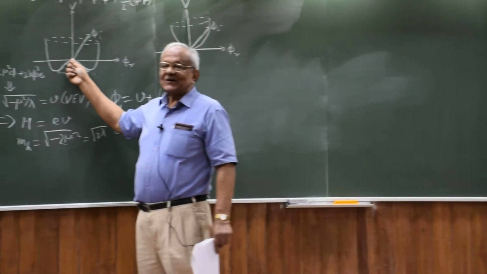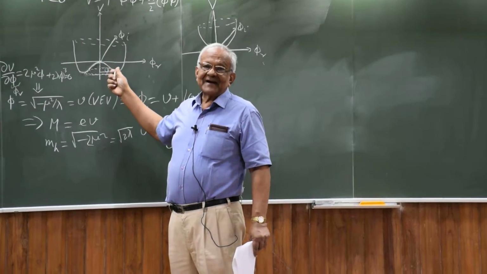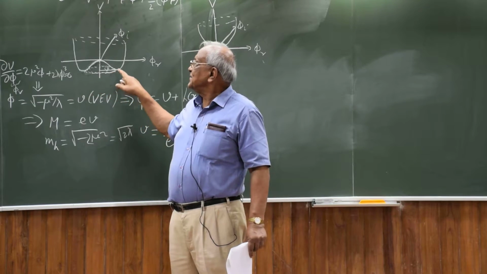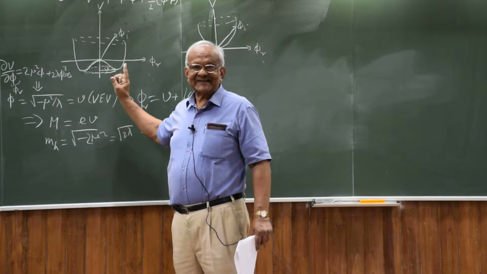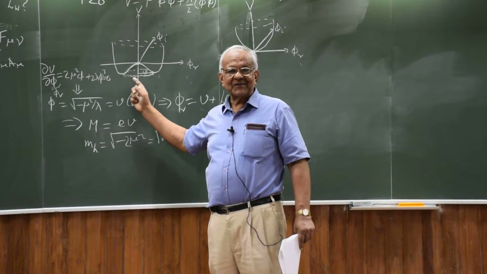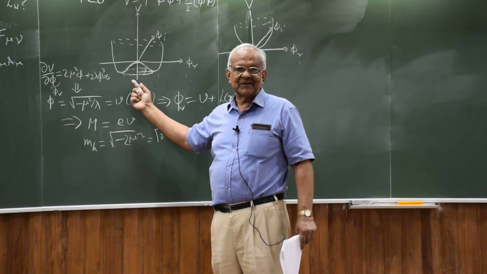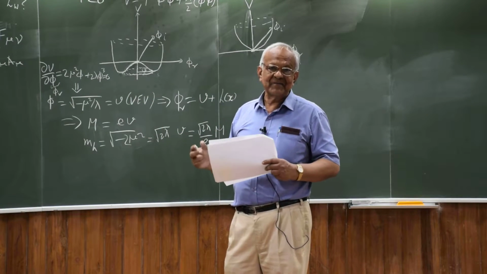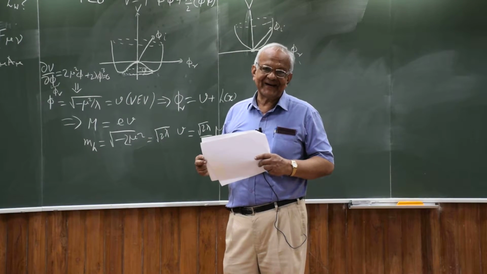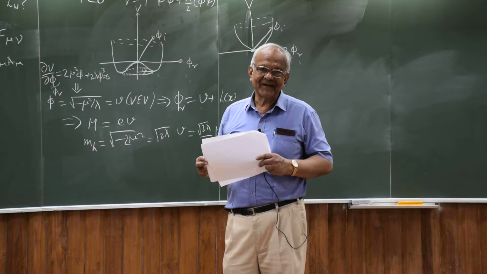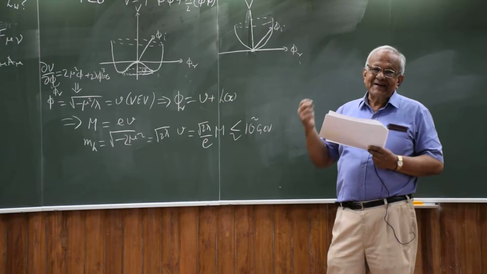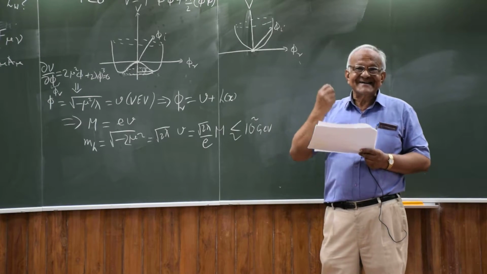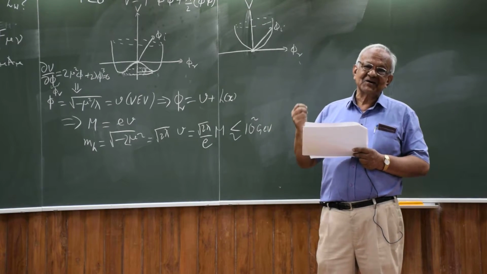When you make mu square negative, the ground state came to a finite value of V. When you make a phase transformation, it went around the rim of the bottom of the bottle. So it does not remain phase invariant. This phenomenon where the symmetry of the Lagrangian is not shared by the ground state is called spontaneous symmetry breaking.